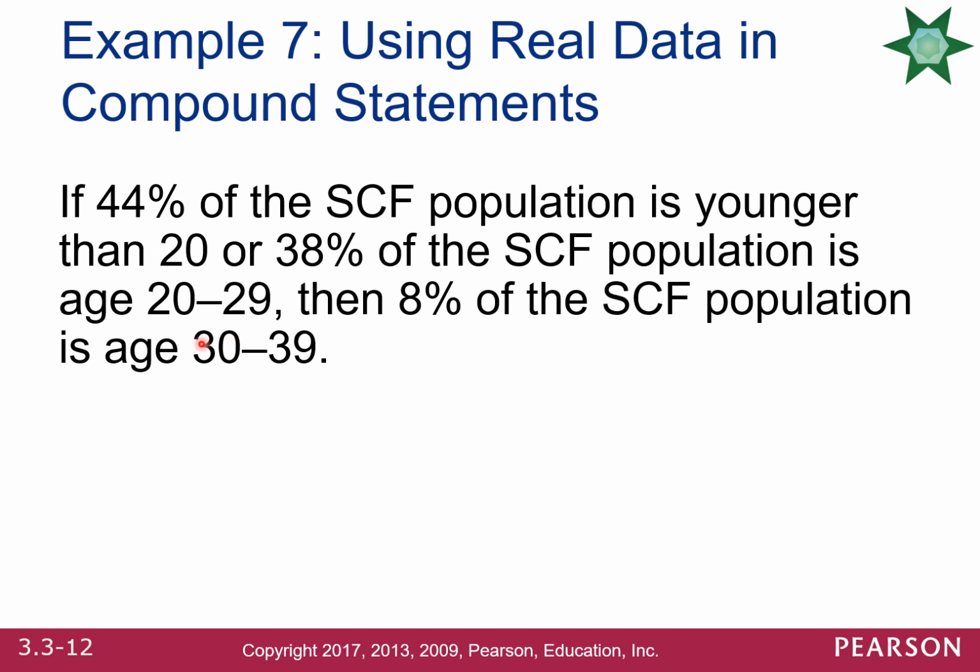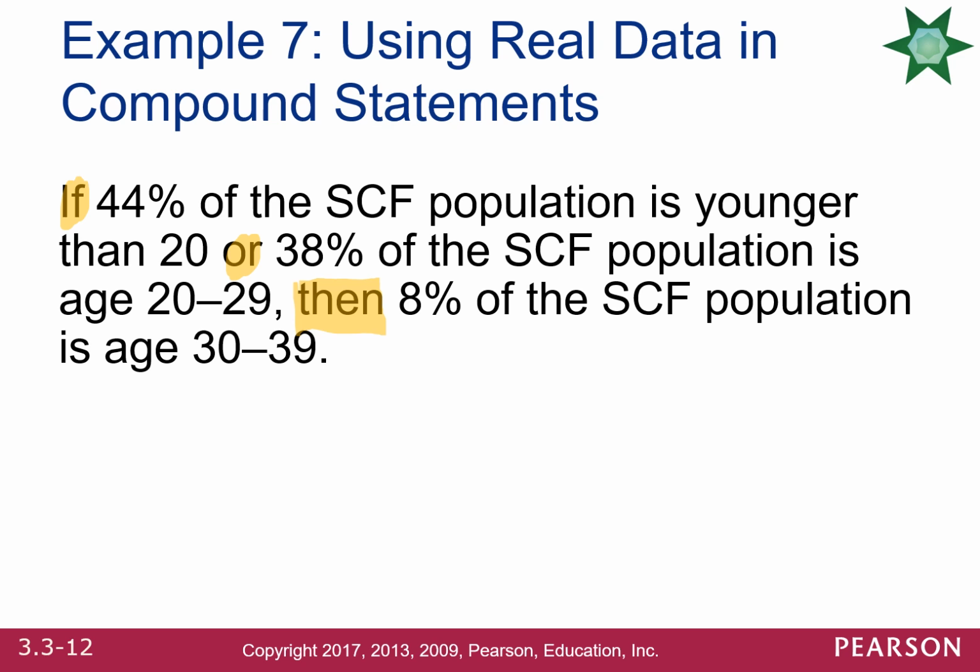While we were reading it, I noticed there were some keywords. Of course, it starts with an if. So let's highlight these. There's an if here, and then there is an or, and there's a then. These will help us to construct the statement.